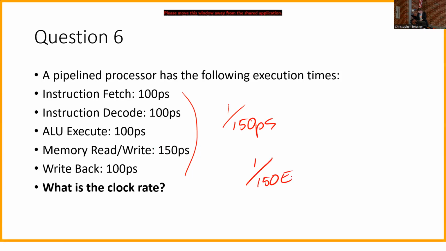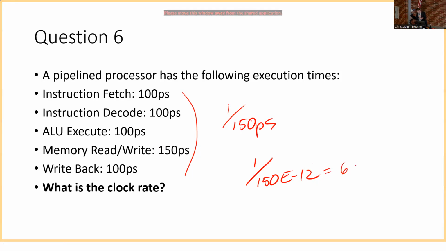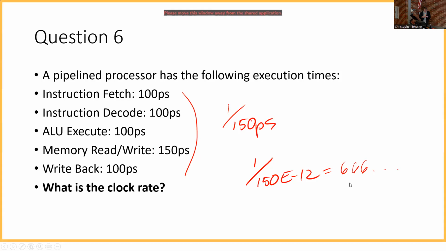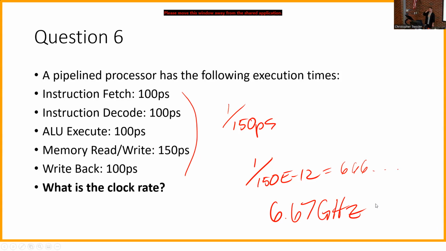So we have 1 divided by 150e-12, and we get this big number, 6 dot dot dot. Essentially, we were trying to get this in gigahertz, and giga is 9, so I divide that number by 1e9. Basically we get a final answer of 6.67 gigahertz. And that's as simple as it gets. It's just division and then some unit conversions, I guess.